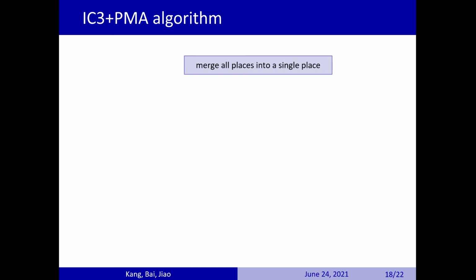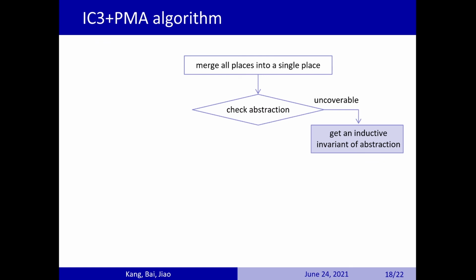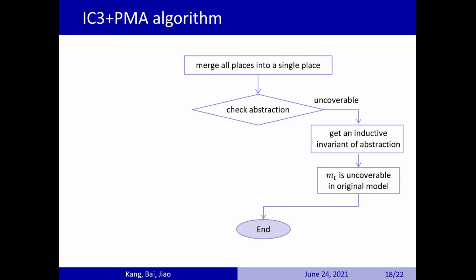First, it initially generates the coarsest abstraction by merging all places of the original Petri net into one. Then, it checks the abstraction by SC3. If uncoverable in the abstraction, we can get an inductive invariant of the abstraction, and then we can conclude that MT is uncoverable in the original model. Then SC3 plus PMA ends.